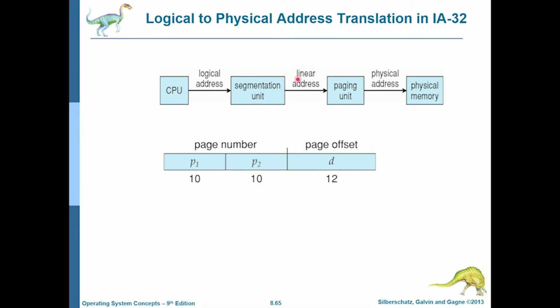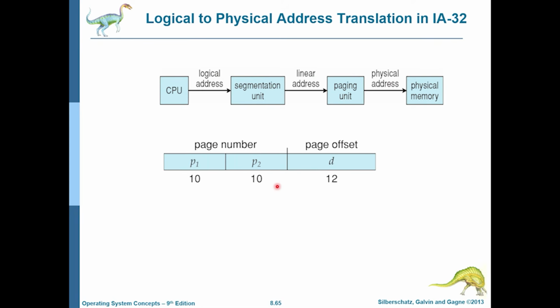The linear address is then given to the paging unit. It will look at the linear address in this format. It will think of these 10 bits as the outer page table, these 10 bits as belonging to the inner page table, and 12 bits for the offset. So it will use these 10 bits to index into the outer page table. Then when it finds the base address of the inner page table, it will use these 10 bits to index into that inner page table.